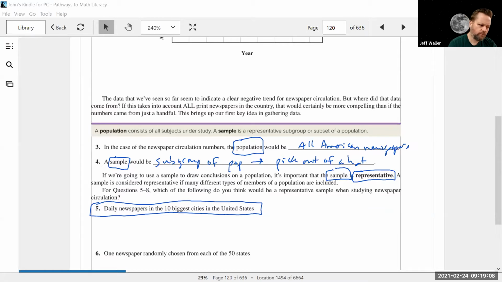It only represents a small portion, right? It doesn't represent the smaller cities as well. Yeah, so the whole idea is representation. It does not represent all of American newspapers because I've picked from such a select group.